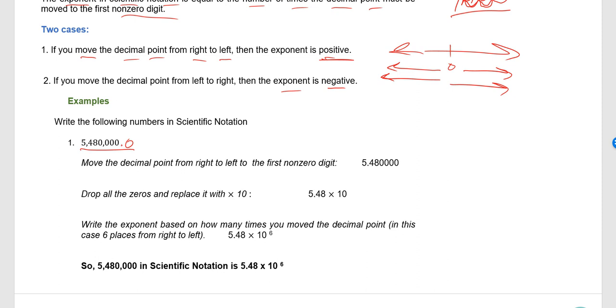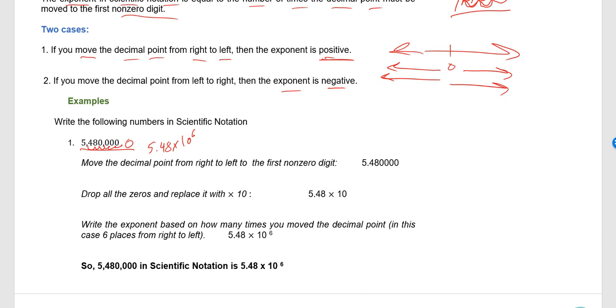This is the decimal point. In this case, we want to move it towards the left. So 1, 2, 3, 4, 5, 6. So I've just moved it 6 spaces from the right to the left, and my number becomes 5.48.